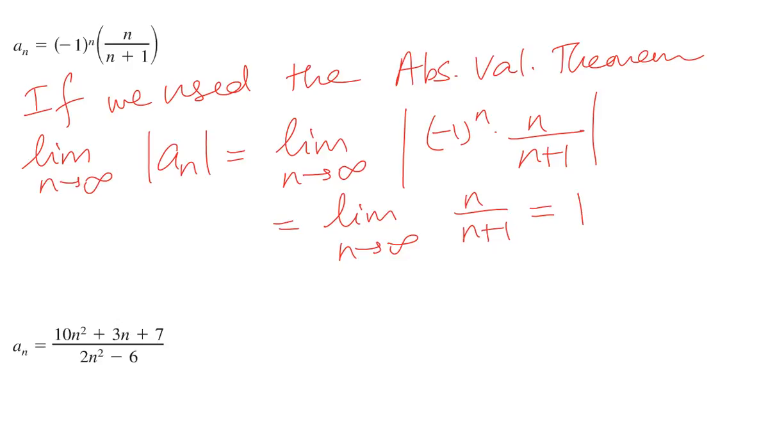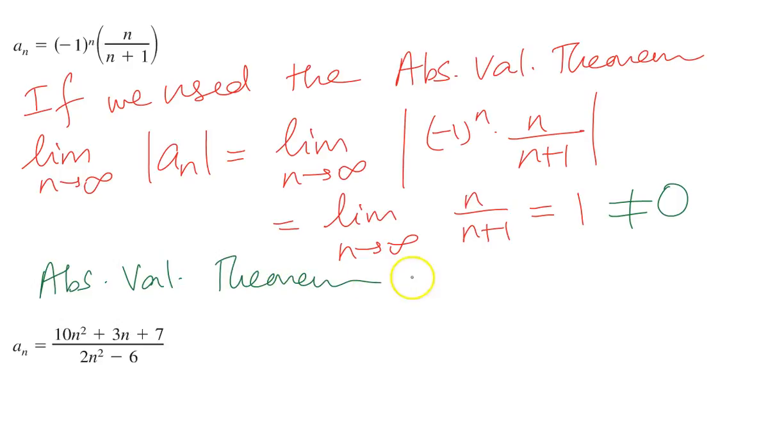But the problem is, the absolute value theorem says if the limit of the absolute value is 0, then the limit of the nth term without the absolute value is also 0. But this is 1, not 0. So I would say absolute value theorem is inconclusive.